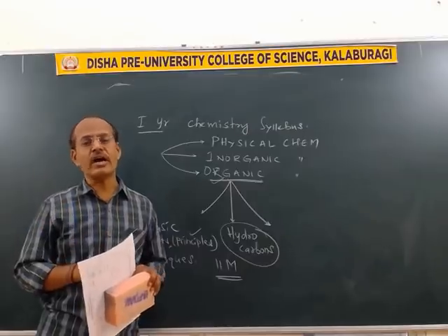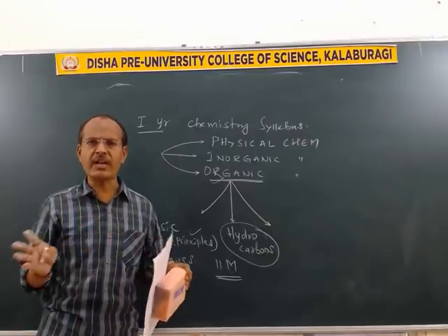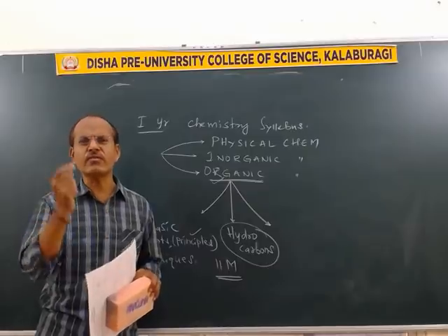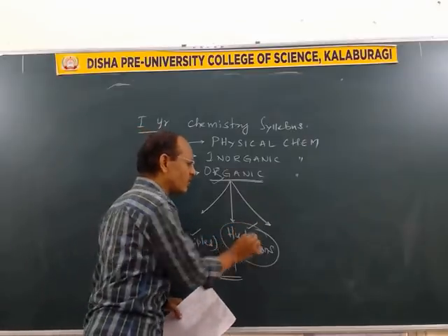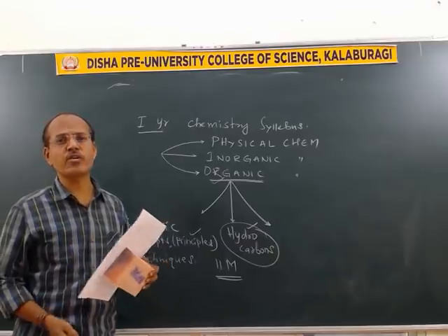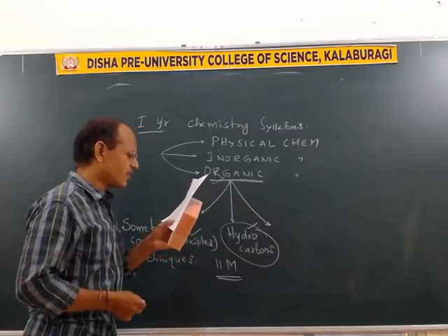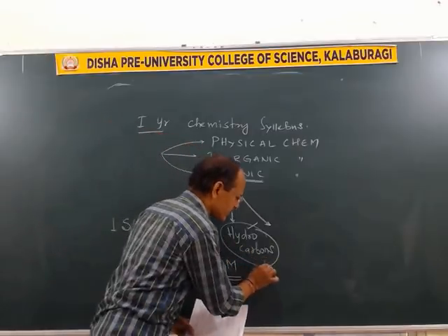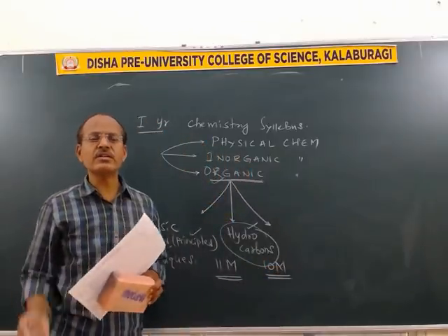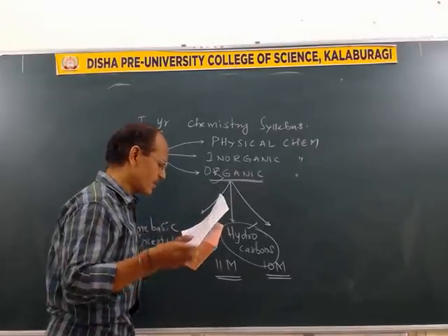And along with aromatic hydrocarbons, their classification, their nomenclature, their structures, every word related to hydrocarbon is explained in this topic. It is also a big topic. So that topic also covers 10 marks. Now the last one, that is environmental chemistry.